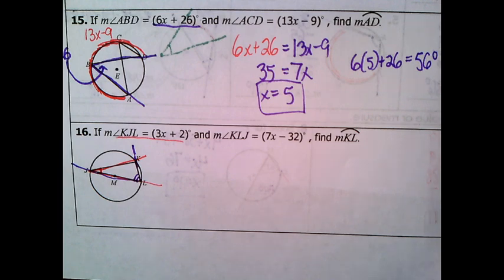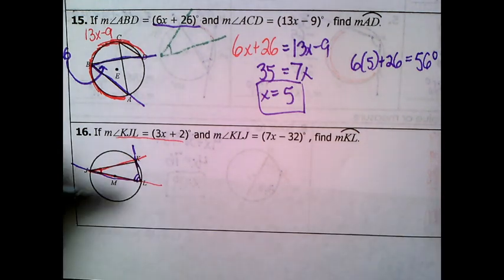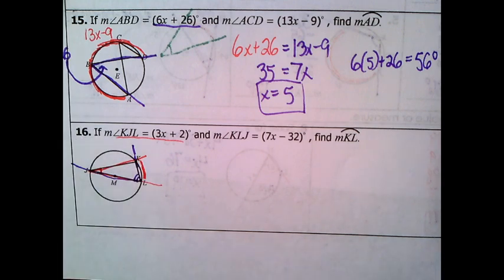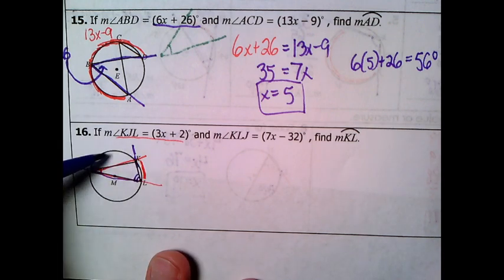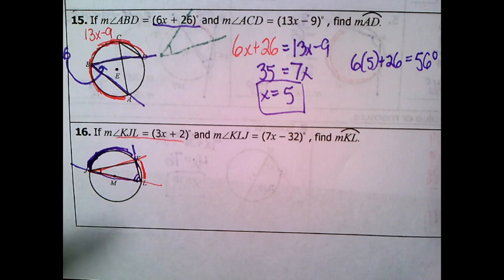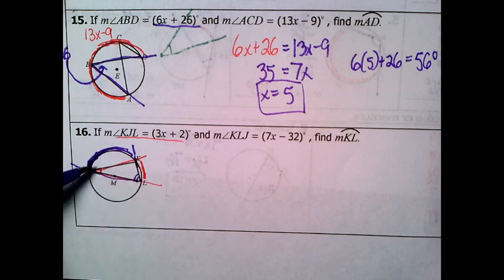Okay. So when I look at this one though, this one's kind of tricky too, but I know that the red intercepted arc, so here's my red, its intercepted arc is right here, and I know the purple, right there's the purple, its intercepted arc is right there. So combined, their intercepted arcs make 180. Okay, so that's the big circle.